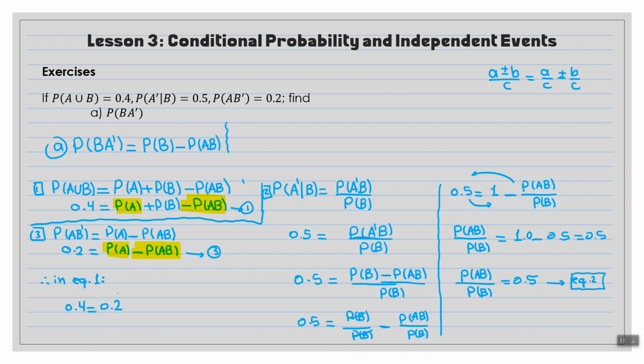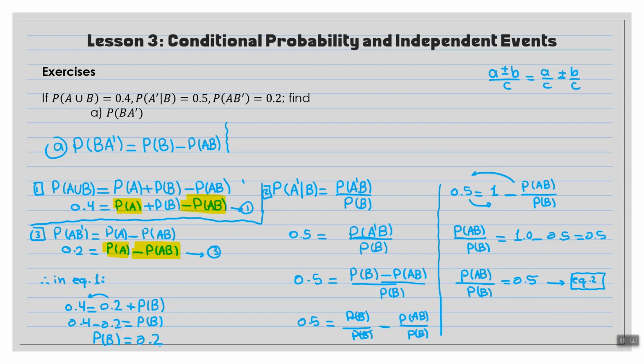And I will be left also with the probability of B. Good. This is only one unknown. I can transpose this easily here. So 0.4 minus 0.2 equals the probability of B. And therefore, the probability of B is equal to 0.2.